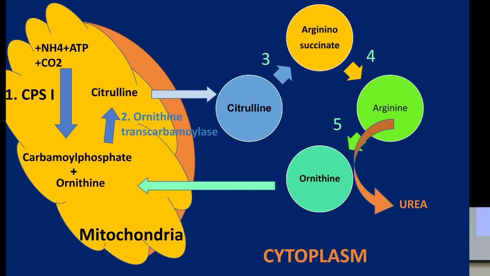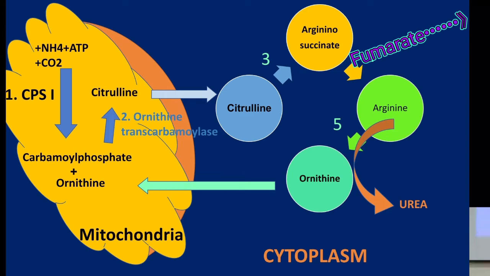Argininosuccinate is then broken down. You remove the carbon skeleton in the form of fumarate by argininosuccinate lyase. What's left of the molecule is the amino acid arginine. This is all occurring here in the cytosol.